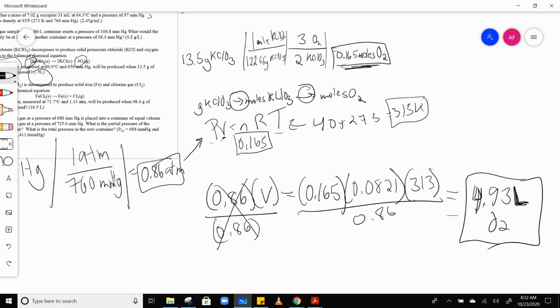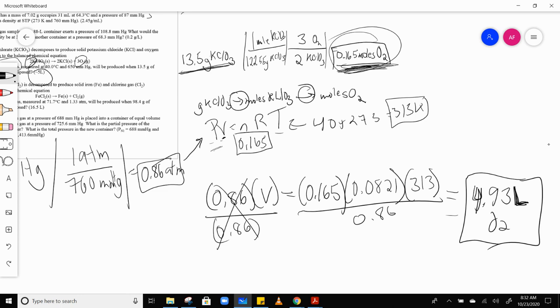Okay, so again, we were given grams of KClO3. We figured out how many moles of O2 we can make using the balanced chemical reaction and stoichiometry. Then we took the number of moles and plugged it into our ideal gas law equation, PV equals nRT, where N is the number of moles of O2. And we had to convert all of the units to the appropriate unit.